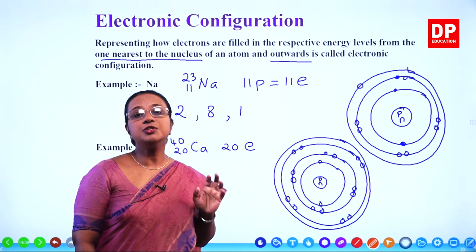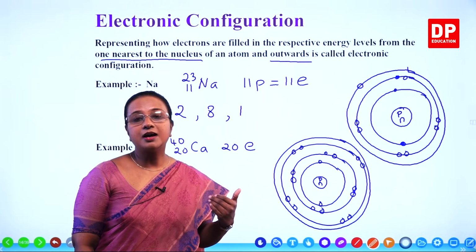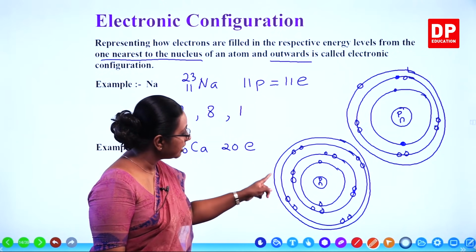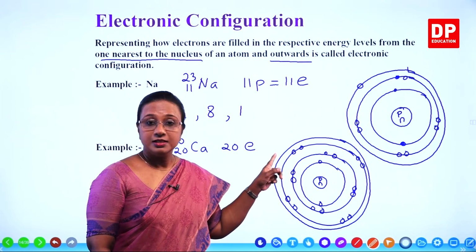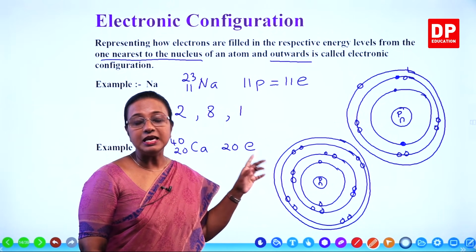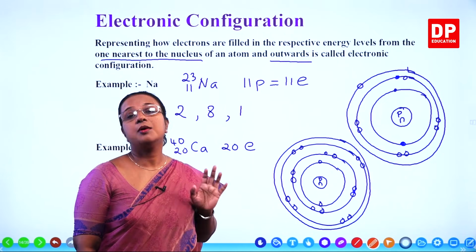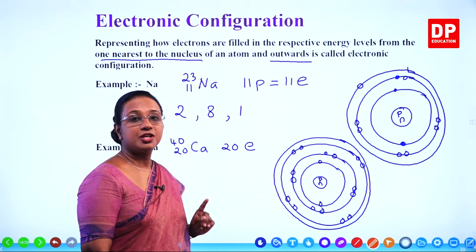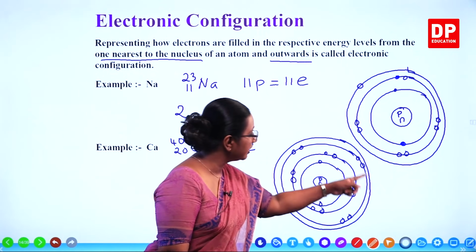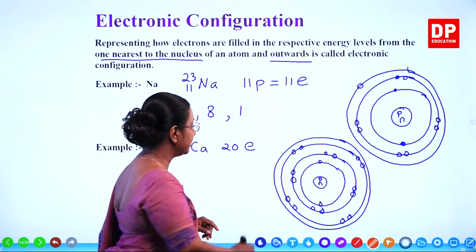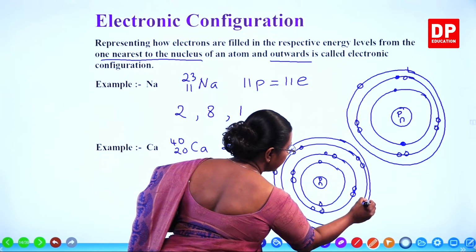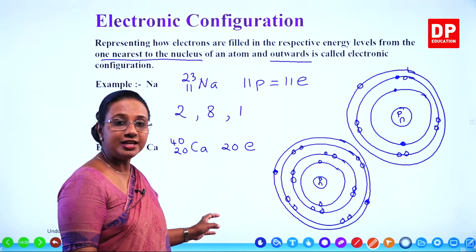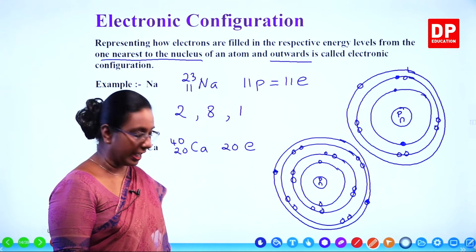But in the outermost shell that has electrons, there can't be more than 8 electrons. So if I assign the last 2 electrons to the third shell itself, there will be 10 electrons. That's not possible. So we have to allocate or arrange the last 2 electrons into the last energy level, that is the 4th energy level. I will arrange and write the electronic configuration for calcium.